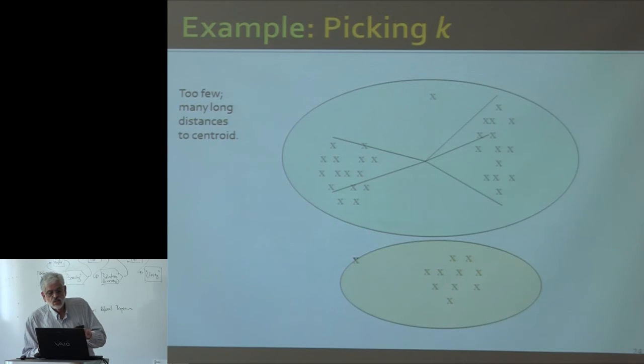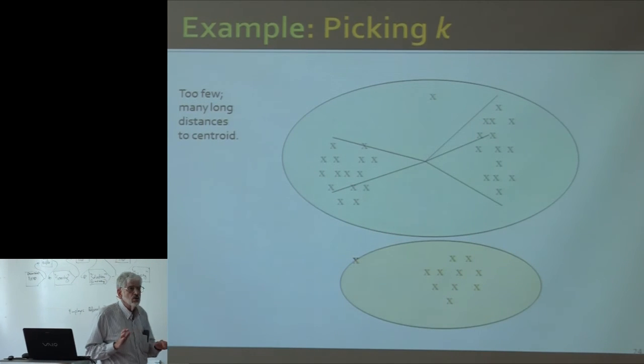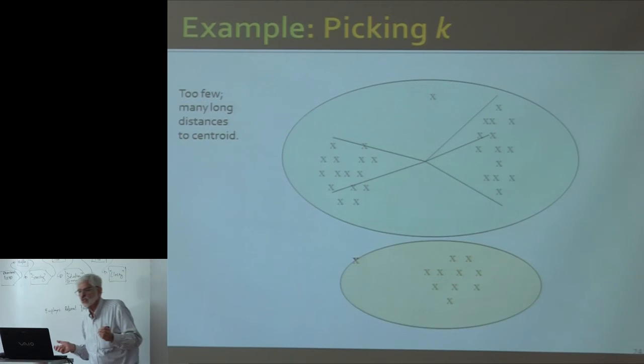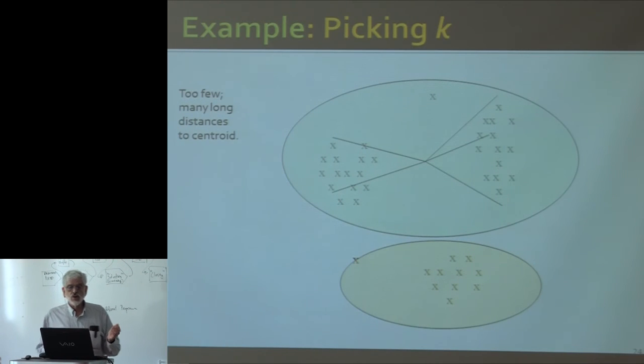I'll just show you in a couple of pictures. Remember, this is the example that I started with, and there really are 3 clusters. Suppose I try K equals 2. Well, the best thing I can do will probably combine at least 2 of those clusters into 1. So for the cluster that really should be 2 clusters, the centroid is going to be somewhere in the middle, and it's going to be far from all the points in the cluster. In this case, this cluster is sort of right.